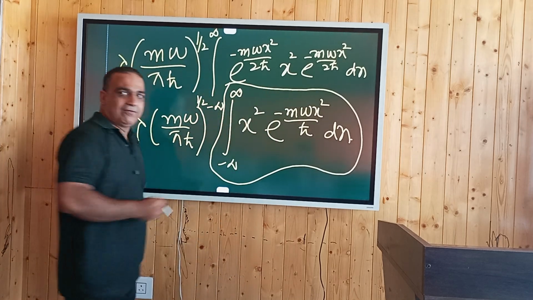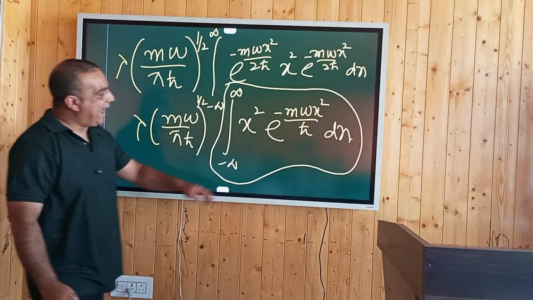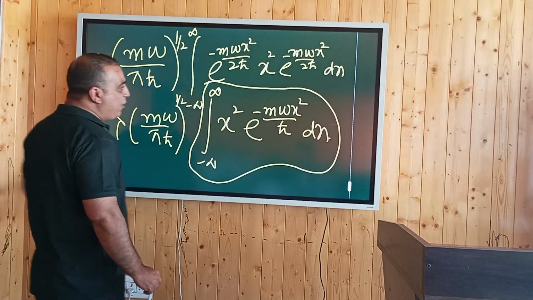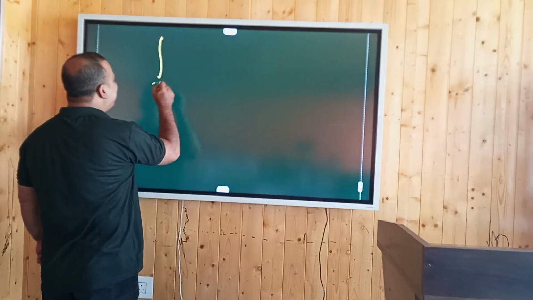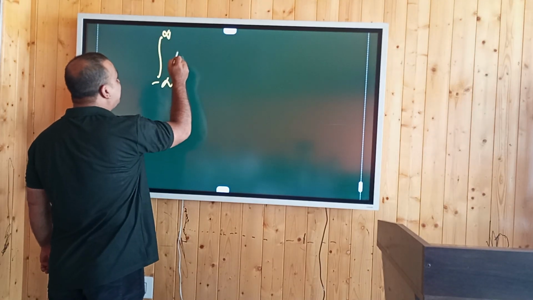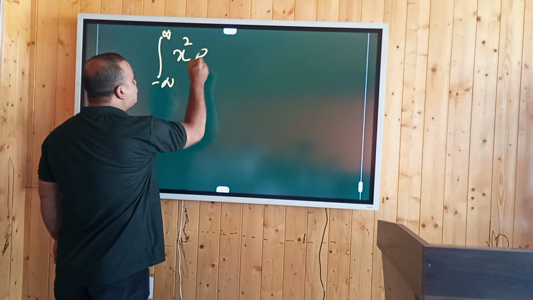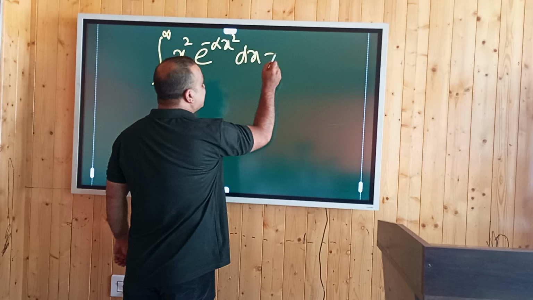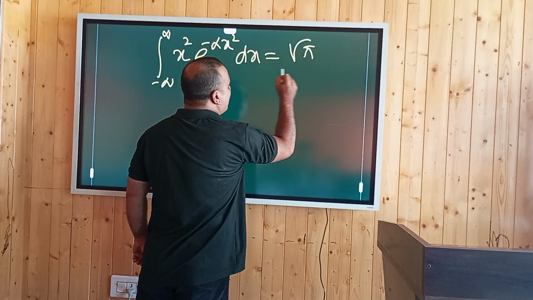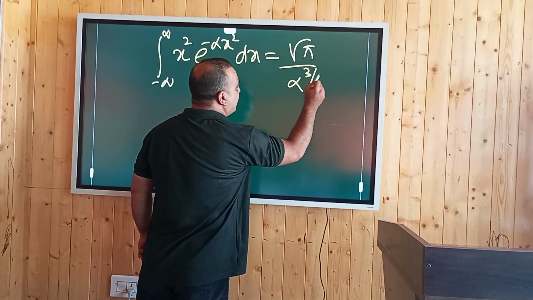It's a Gaussian integral, and you know the value of this integral. If you have the integral from minus infinity to infinity of x square e to the power of minus alpha x square dx, this is equal to under root of (pi by alpha) raised to the power 3 by 2.